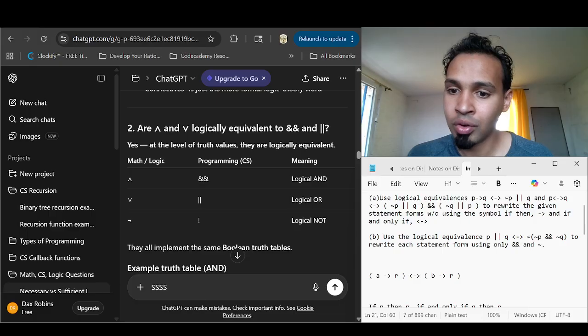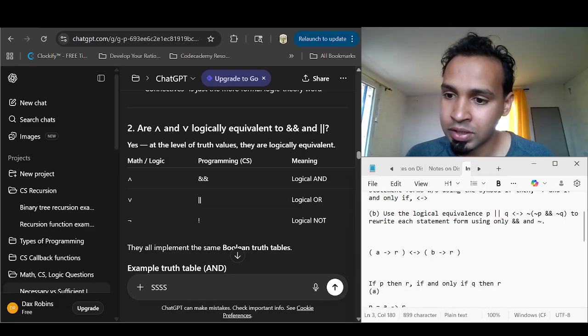Basically, we want to write the original statement, if P then Q, without using the formal symbol of if-then. We're going to get rid of it and instead use the not and the or logical operators, rather than the if-then or the if and only if operators. So that's the first part.